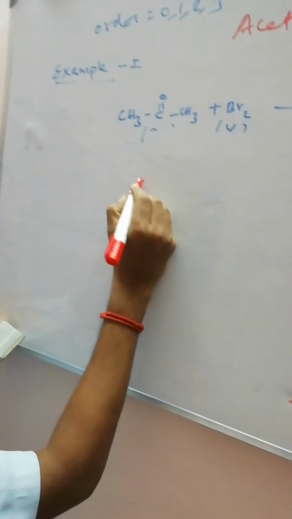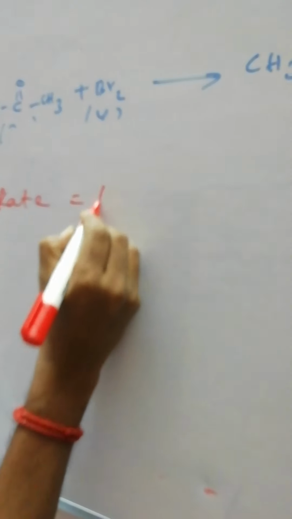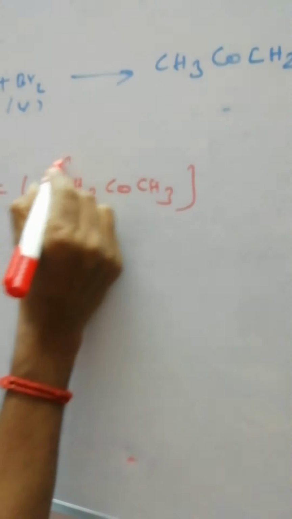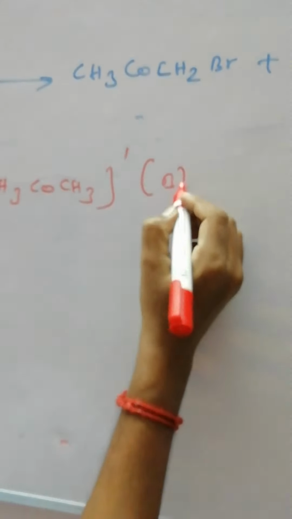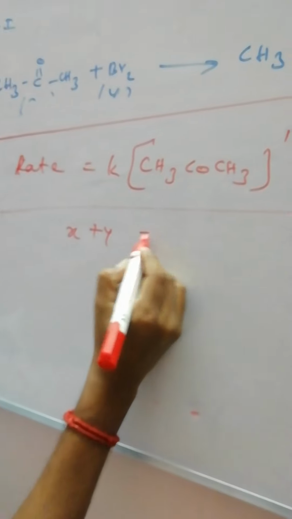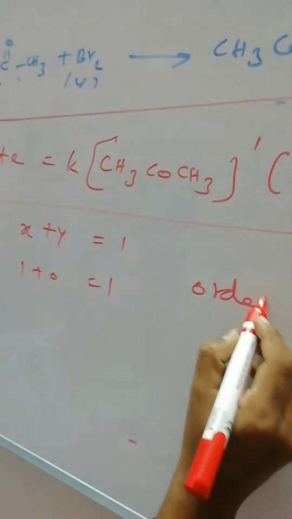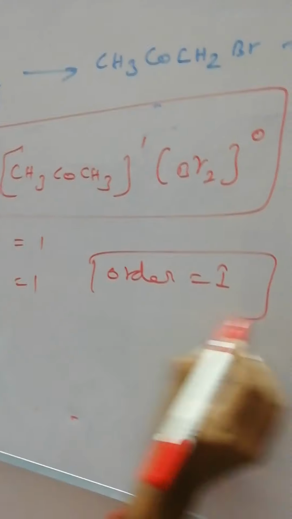Let us see again. We write rate equal to K, CH3COCH3 power 1, and Br2 power 0. This is the rate equation. X plus Y equal to 1 plus 0 equal to 1. So order is equal to 1, the sum of the powers of the concentration.